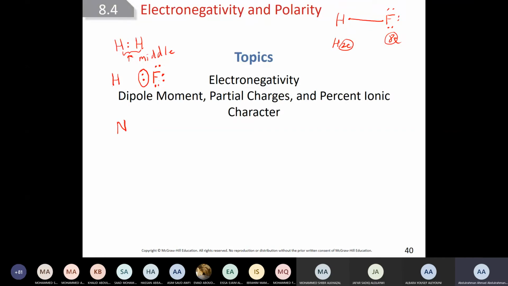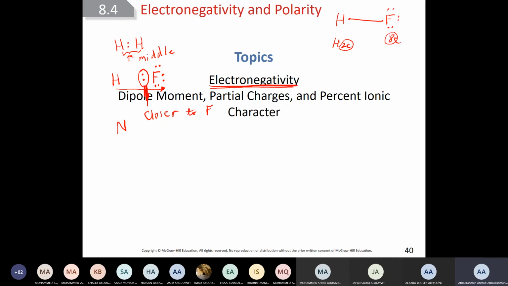If we take this line, you will find that it's not exactly in the middle. It is closer to fluorine. And we call this electronegativity.